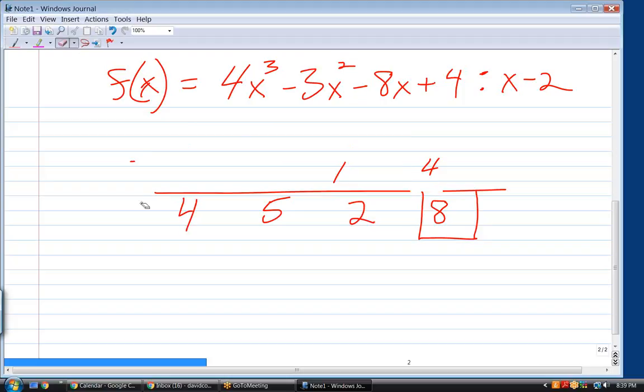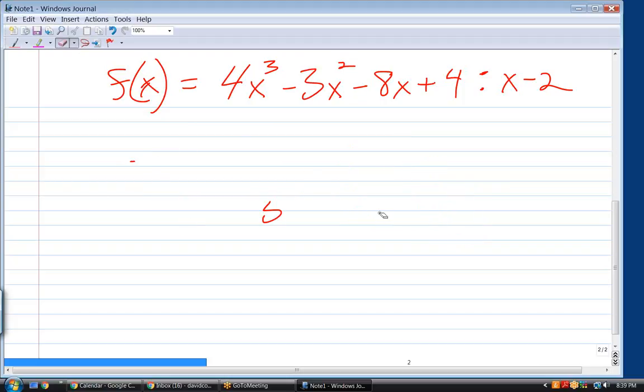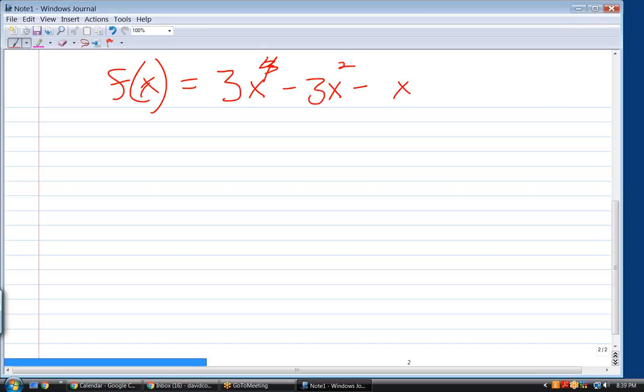Are they asking for the zeros of this function, or do they give you a different one? No, it's a different one. Okay, f of x equals 3x to the fourth minus 3x to the third plus x squared minus x plus 1.